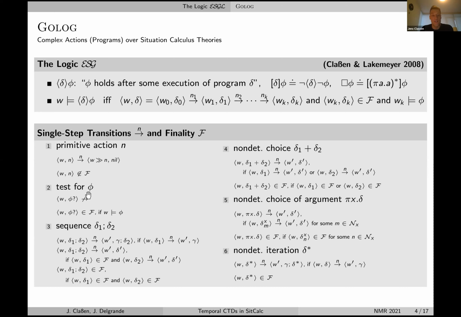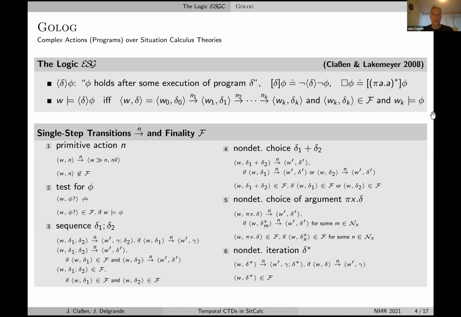And for example, a test does not admit any transitions, but a test is final if that formula holds in that particular world. And for example, non-deterministic choice is defined recursively in the sense that you can do a transition in delta 1 or delta 2 if you can do the transition in either one of these programs.